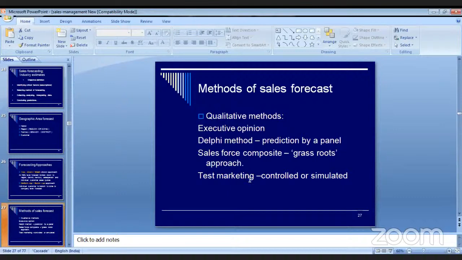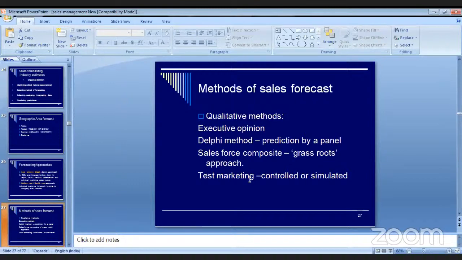Test marketing means different types of testing are there. Just like we test advertisements, similarly products are tested: quality test, sales behavioral test, customer need test, then ingredient test, manufacturing test, health and hygiene test. So many tests are made.